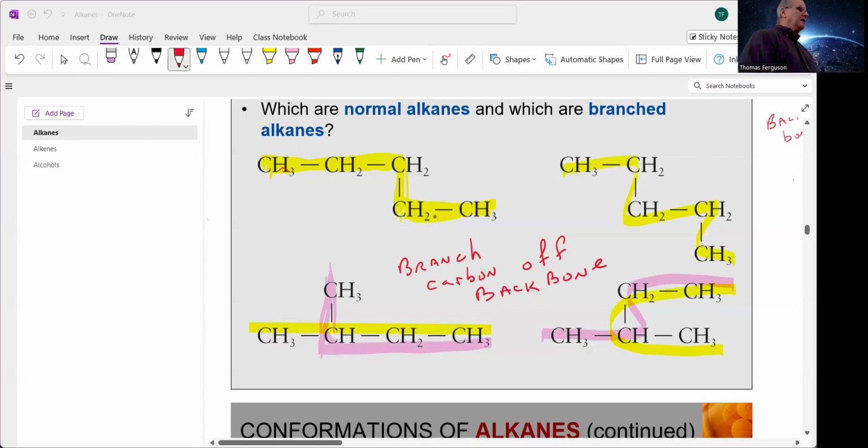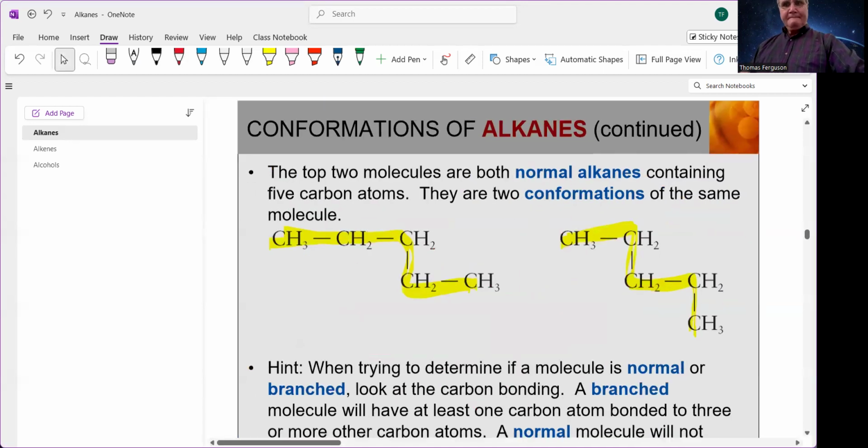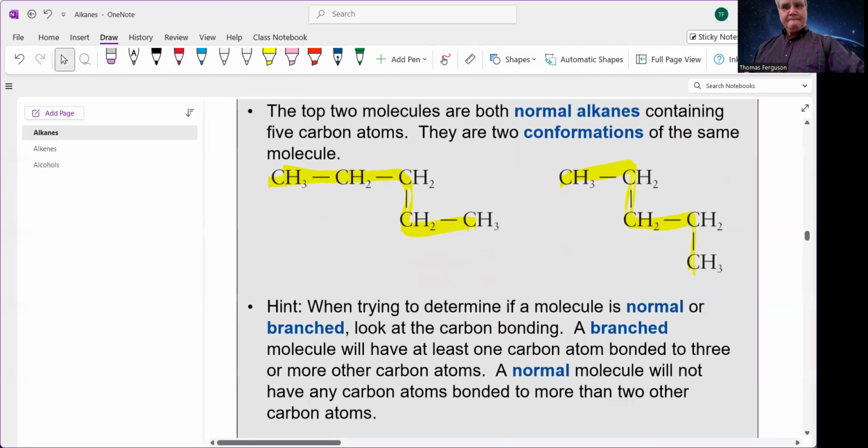Now you're going to be doing this forever in this class. You're going to be identifying backbones and branches and all this stuff. Now, the reason why these 2 molecules are the same molecule is because the carbon-carbon single bond can twist.